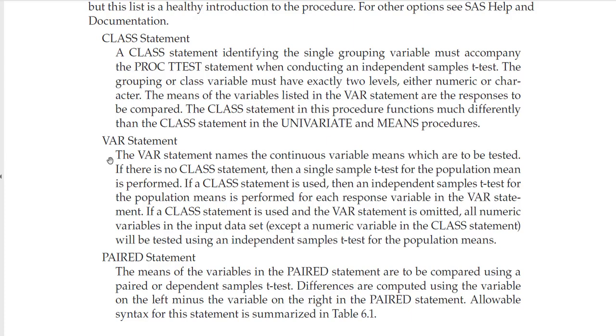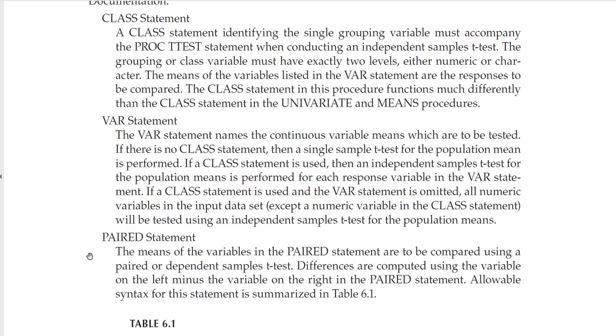Then the VAR statement is which response you wish to compare for those populations. And then the PAIRED statement is a standalone statement, and so whenever you have samples that are somehow linked or dependent, or referred to as paired, we need the PAIRED statement to identify which responses we're going to compare.